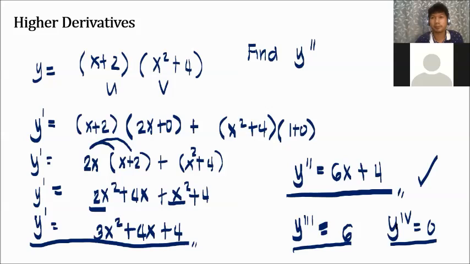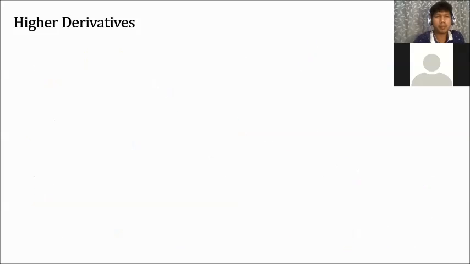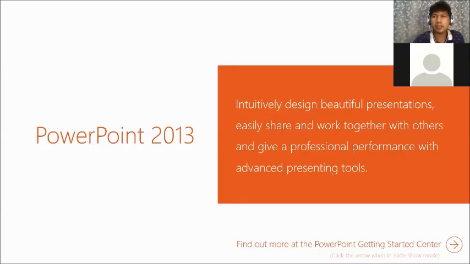So for this day's discussion, that is all for today. That is chain rule and higher derivatives. For chain rule, it's just a way of solving more complicated derivatives because you have some parentheses and some exponents.